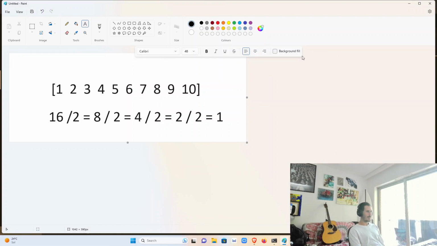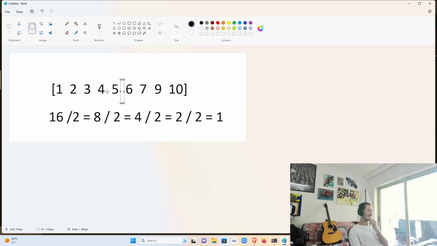What you need to do is go to the middle. Let's say you're trying to put number 1, 2, 3, 4, 5, 6, 7. Let's say you want to put number 8. You go to the middle, so 1, 2, 3, 4, 5, 6. This is the middle. 8. Is 8 bigger than 5?